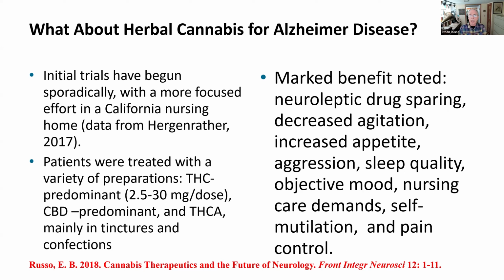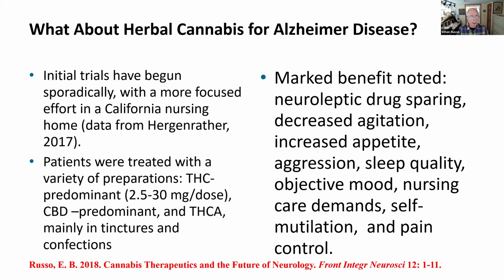They describe marked benefit in reducing the need for neuroleptics like haloperidol, which actually increase morbidity and mortality in demented people. Also decreased agitation, better appetite, less aggression, better sleep, better mood, also marked decrease in nursing care demands, and additionally pain control.